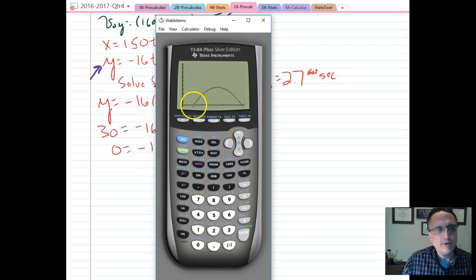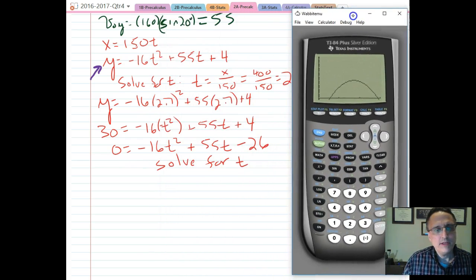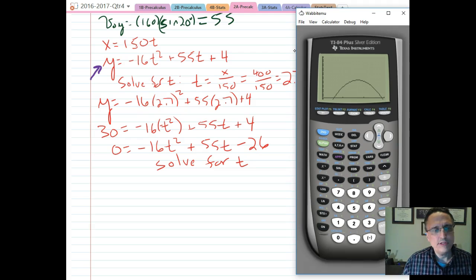So this time right here where it crosses this x-axis, that is where the ball is at 30 feet on the way up, and this intercept is going to be where it's at 30 feet on the way down, because remember, that graph that we're looking at right there is the solution to this equation. And remember, this equation came about because we set y equal to 30.